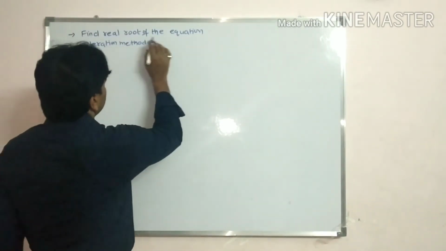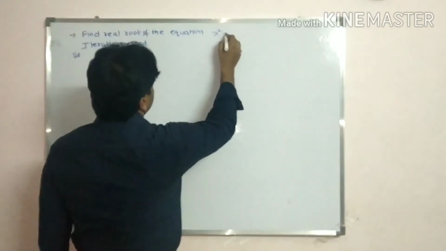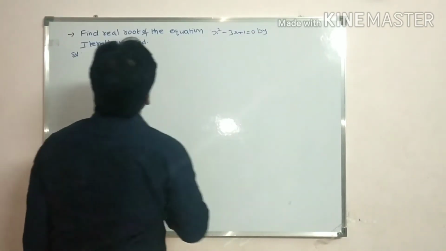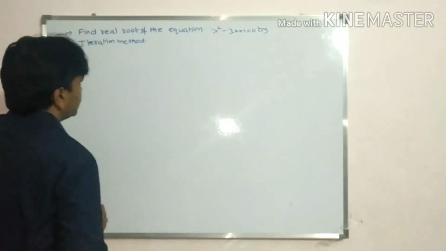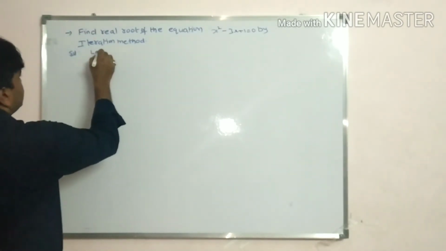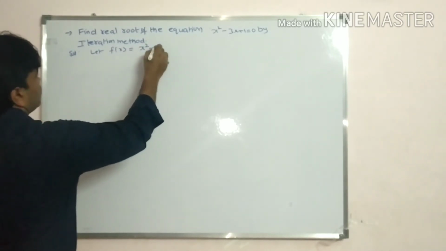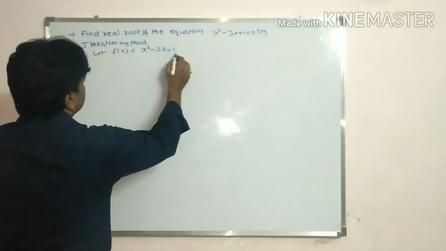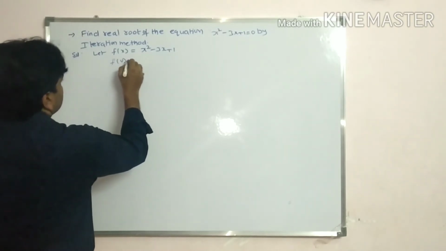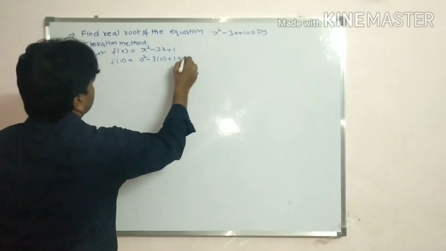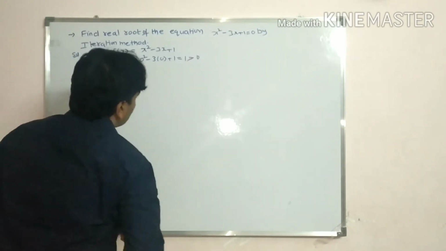Find the real root of the equation x square minus 3x plus 1 is equal to 0 by iteration method. Let f of x is equal to x square minus 3x plus 1. Now f of 0 is 0 square minus 3 into 0 plus 1, which equals 1, which is greater than 0.